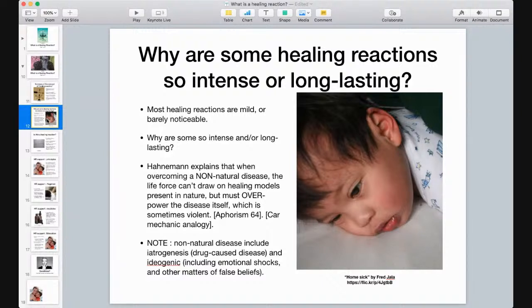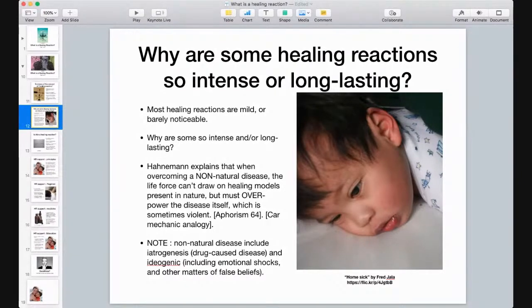That's the normal case in a natural disease, but in a non-natural disease, that doesn't exist. So effectively what has to happen is the life force, almost through a violence, or a very forceful action, has to force that healing to go through without any guidance or model. It's like the life force has to invent that, so to speak.